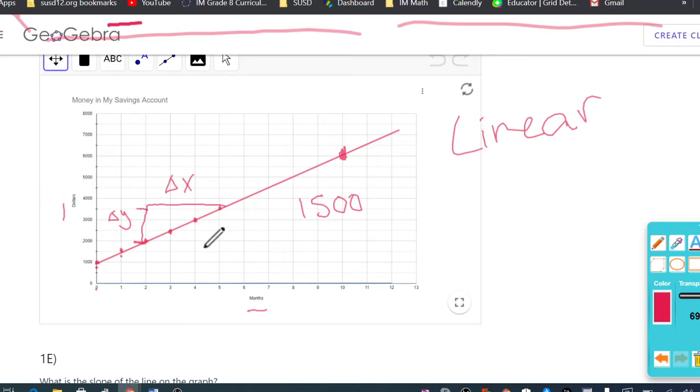So the change in y is 1,500. And the change in x is, let me look carefully, 2 months, 3 months, 4 months, 5 months. The change in x is 3 months. So the change in y depends on the change in x. This is a linear relationship.